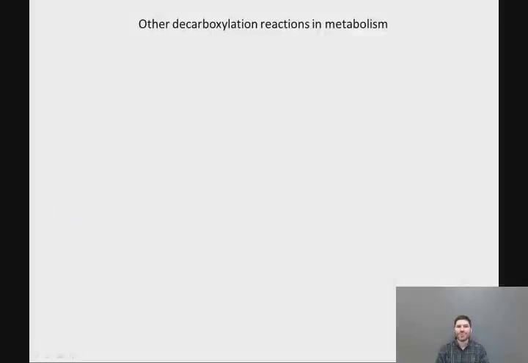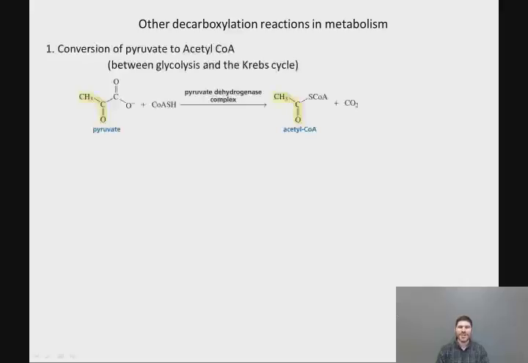I want to just briefly mention the other important decarboxylation reactions in metabolism. The first one is the conversion of pyruvate to acetyl-CoA. You might remember that in glycolysis, a molecule of glucose is broken down into 2 molecules of pyruvate. That's the end product of glycolysis.